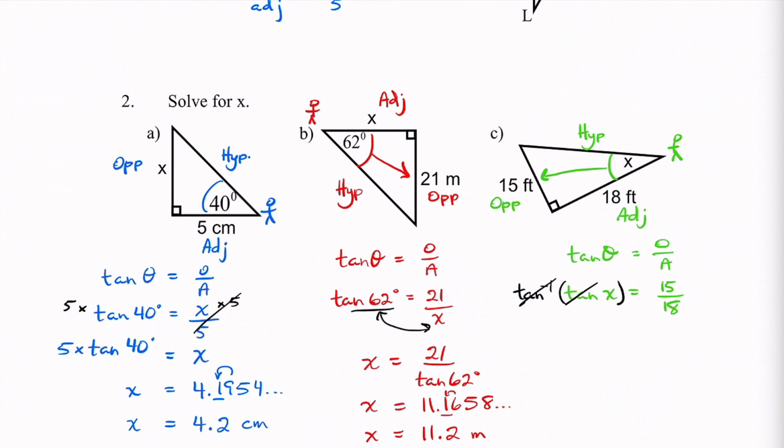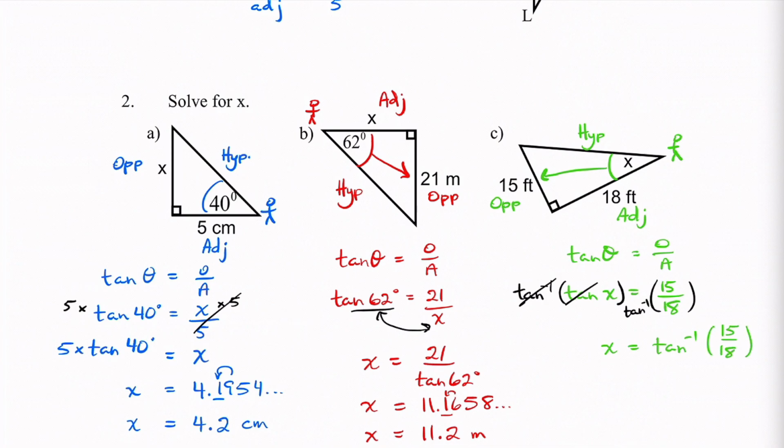It's kind of like if you times by 2, the opposite would be divide by 2. So if I had a tan, the opposite of tan is tan inverse. Okay, and then I got to do the same on the other side. So I'm going to take tan inverse of the other side. Okay, so these two canceled out, so there's just an x left. And then on the other side, we got tan inverse of 15 over 18.